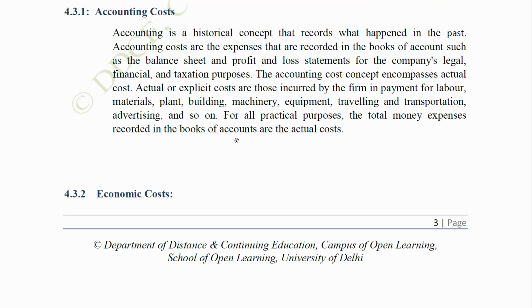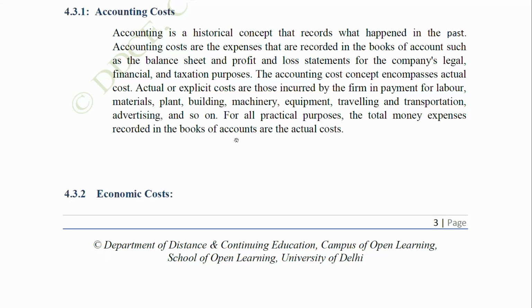4.3.1 Accounting cost. Accounting cost is a historical cost that records what happened in the past. Accounting costs are the expenses that are recorded in the books of account, such as the balance sheet and profit and loss statements, for the company's legal, financial, and taxation purposes. The accounting cost concept encompasses actual cost.